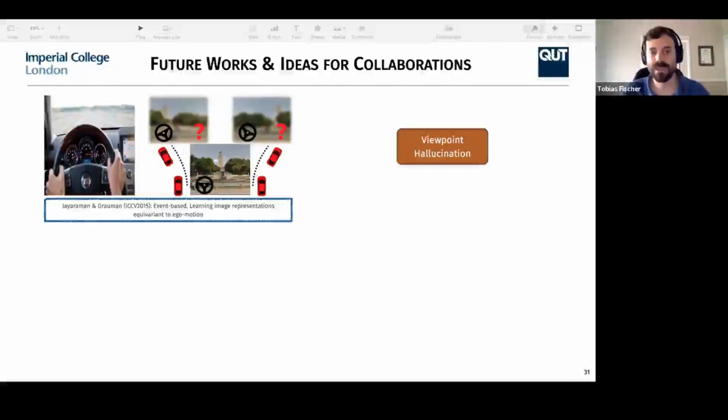What happens if you have multiple hypotheses on where the place could be, but they all slightly vary in the viewpoint, though you consider the same place? Can you imagine how the place would look from that other viewpoint that matches the dataset image? So that's one question we're asking.